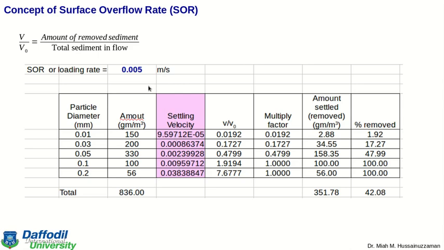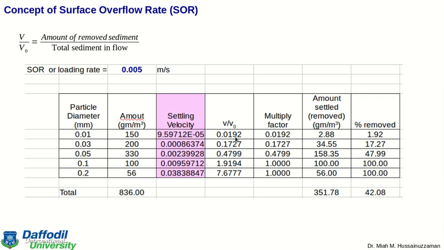Then we can compare with the SOR. We compare V divided by V0. This is V and this is V0. This is the comparison. Particles with velocity larger than the SOR will be 100% removed. V by V0 is the ratio of sedimentation or removal, so it is the multiplication factor.